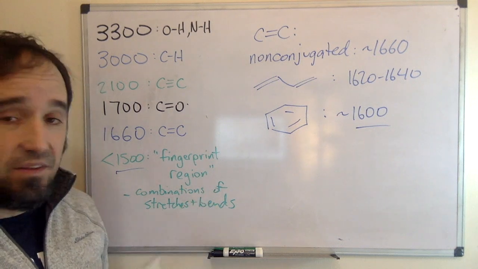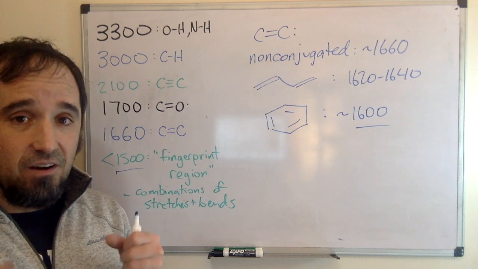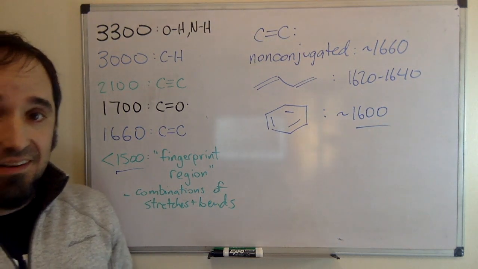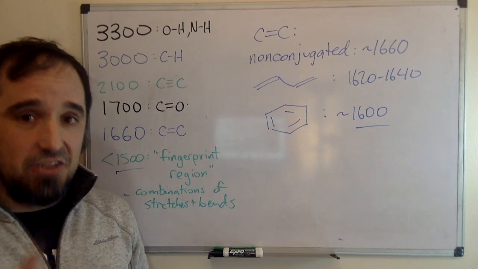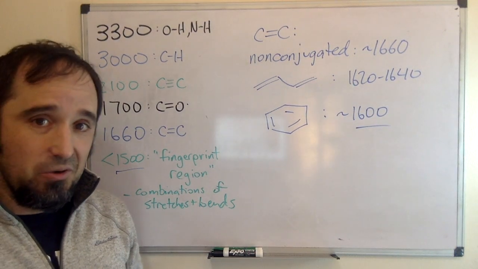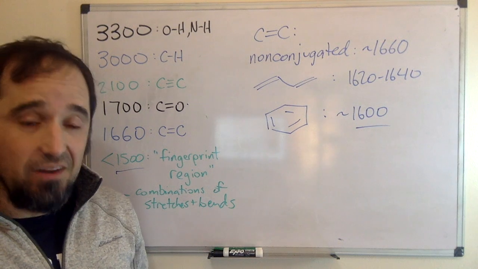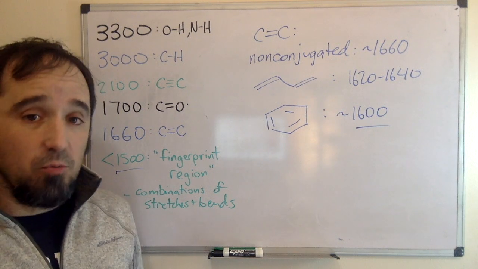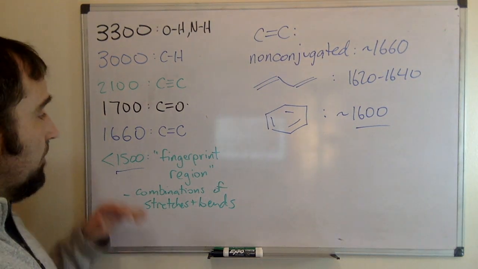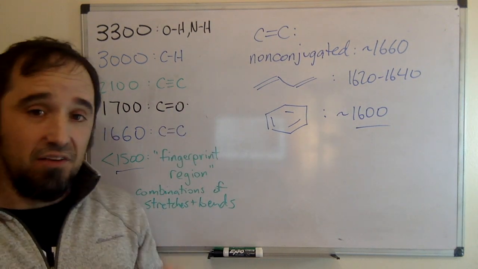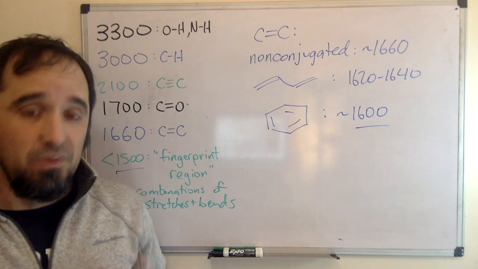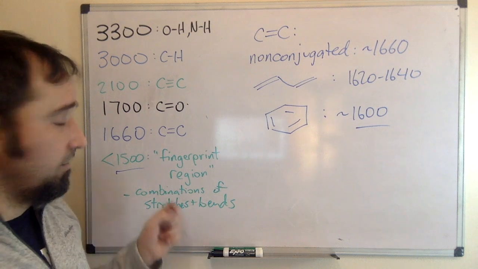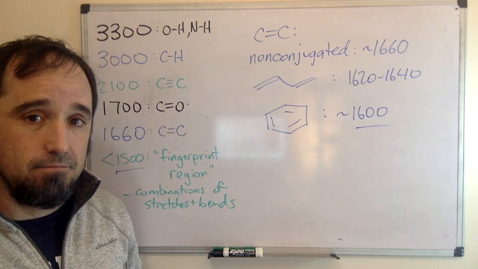But also fingerprint in the sense that it's kind of unique for each compound, right? Every compound is going to have its own fingerprint combination of peaks in that range. So for our purposes, we're usually going to stay above 1600 to identify functional groups. But people who really, really care about IR and can dig into it can get information below 1500.